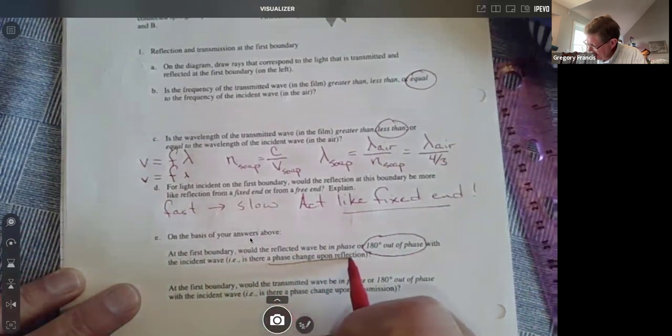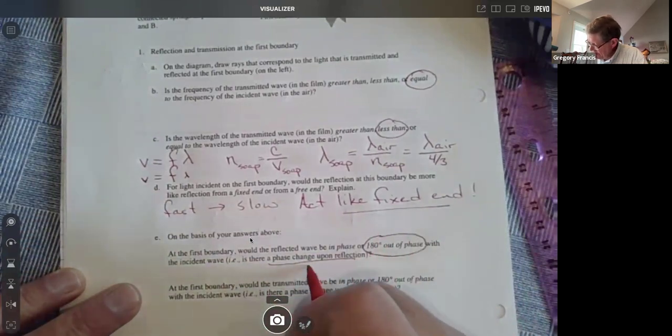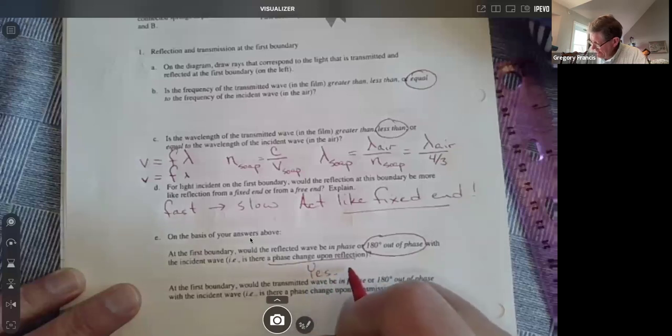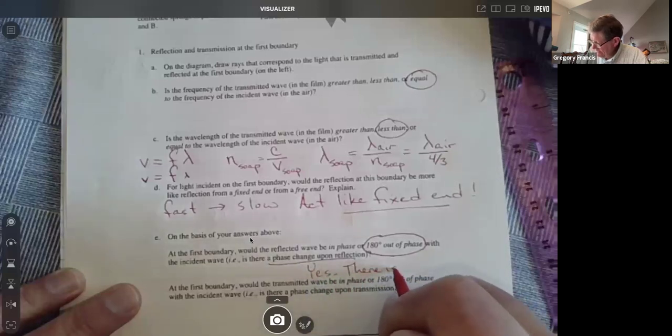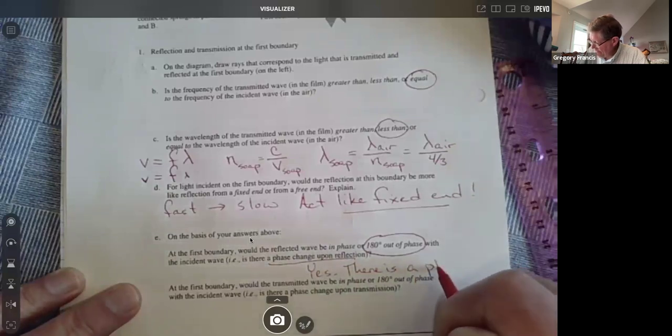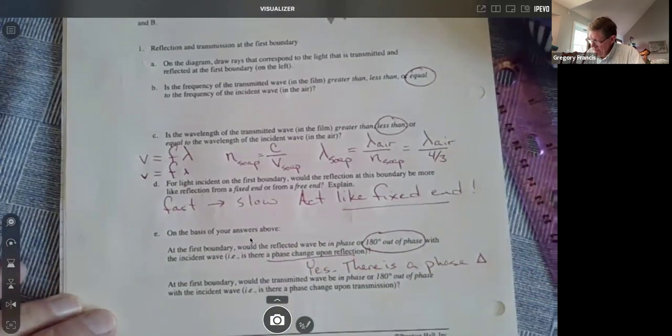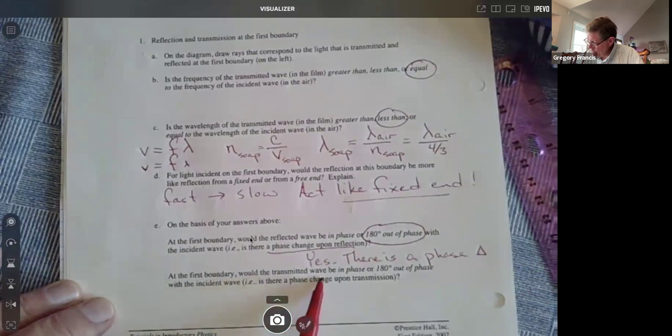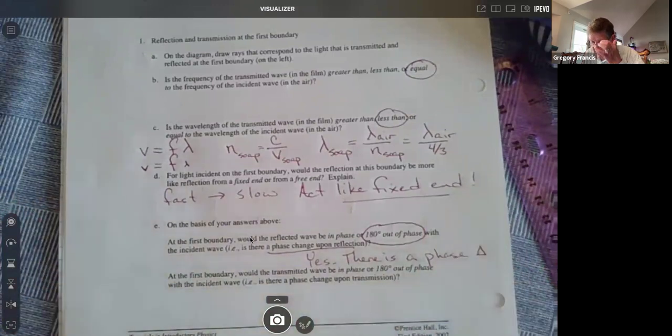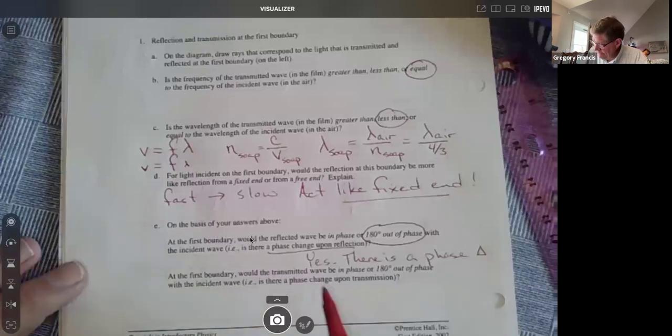Is there a phase change? Yes, there is a phase change. At the first boundary, would the transmitted wave be in phase or 180 degrees out of phase with the incident wave? Is there a phase change upon transmission? Well, you remember on the first page, we talked about the fact that there is never a phase change in the transmitted wave.